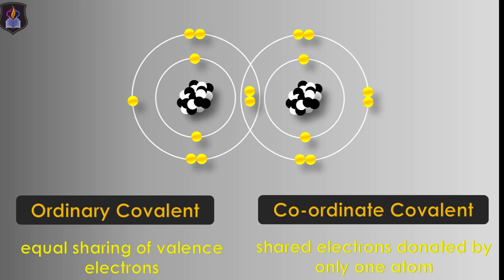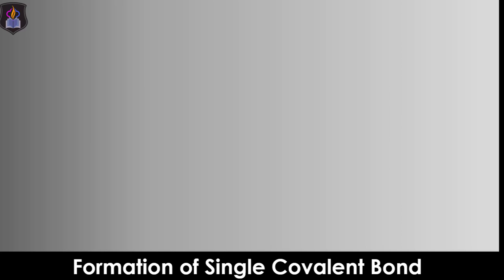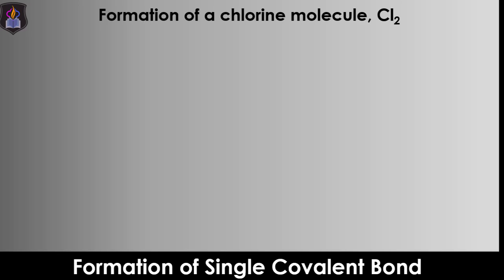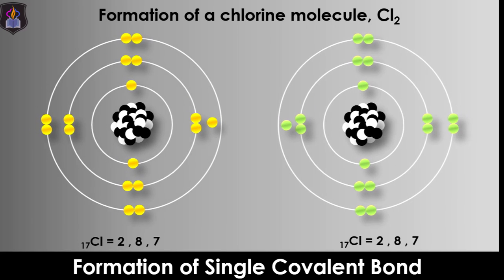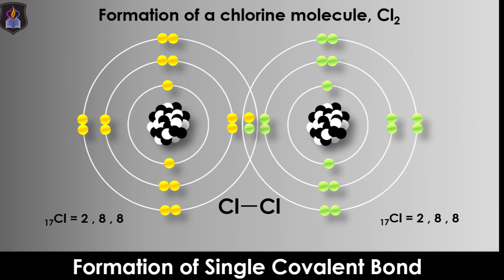Let's see how ordinary covalent bonding occurs by looking at the formation of single, double, and triple covalent bonds in chlorine, oxygen, and nitrogen molecules respectively, and the formation of water and ammonia molecules. In the formation of a chlorine molecule, two chlorine atoms, each with the electronic configuration 2,8,7, combine by sharing one of their valence electrons because they each need one electron to complete their outermost shells.